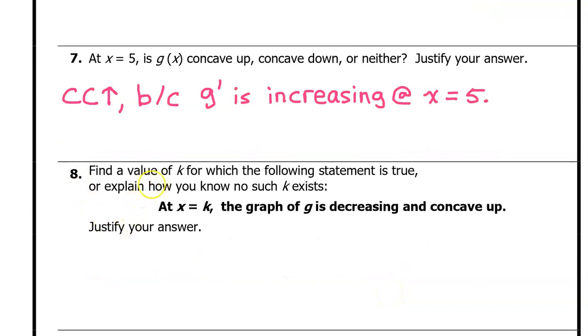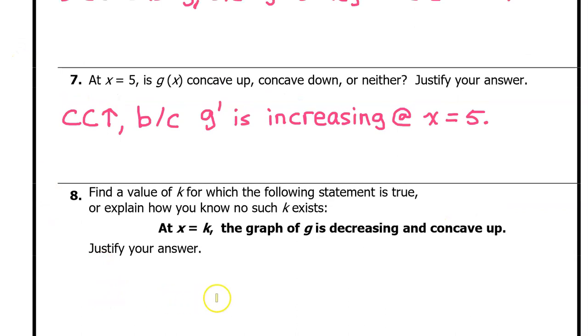Number 8, find a value of k for which the following statement is true, or explain how you know no such k exists. At x equals k, the graph of g is decreasing and concave up. Let's write the justification first, and then we will fill in the blank with the correct k value later. Let's start with this part. The graph of g is decreasing.